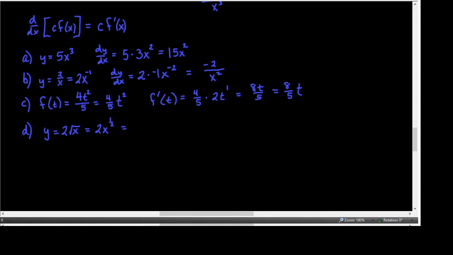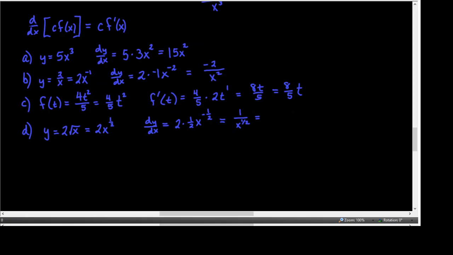The derivative of that function with respect to x, so dy dx, is 2 times the old power 1/2 times x to the reduced by 1 power. 1/2 minus 1 is negative 1/2. In my head I'm thinking 2 times 1/2 is 1, so the constant's kind of gone. Then I'm going to rewrite that without the negative exponent as 1 over x to the 1/2.